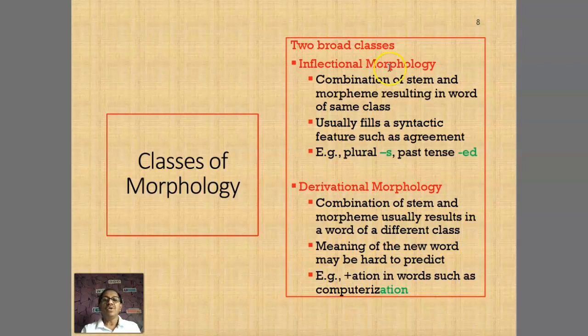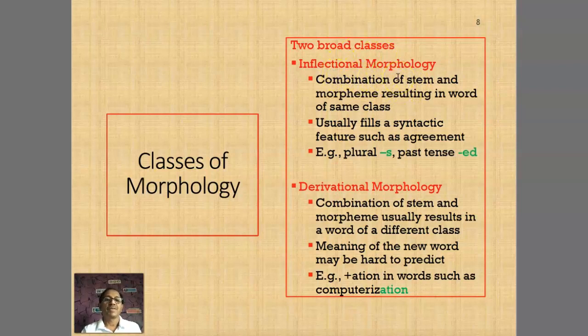So when you combine a morpheme with a stem, if it doesn't change the class of the stem, then that is inflection. That comes under inflectional morphology.